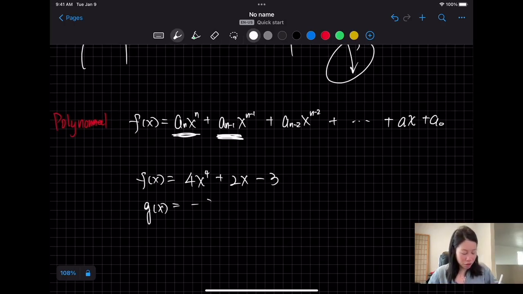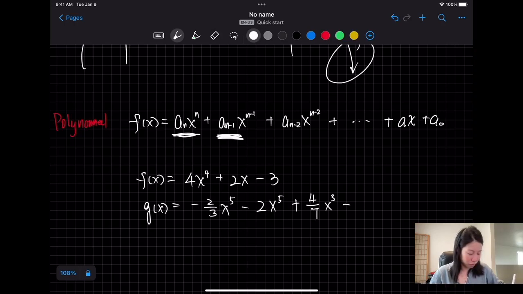And here is another example of a polynomial. All of this was made out of power functions.